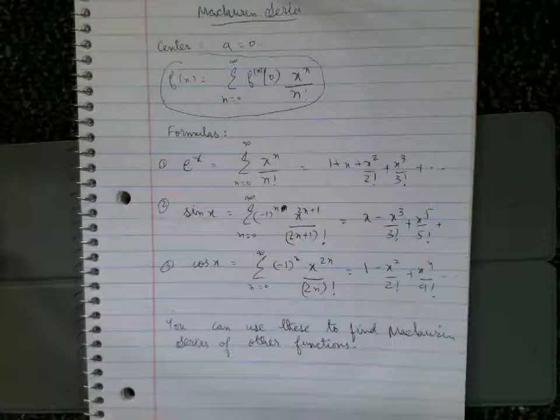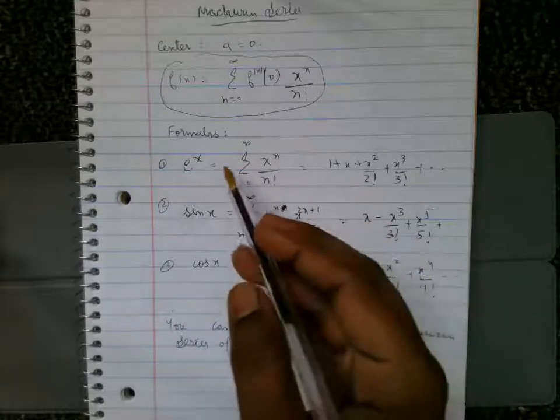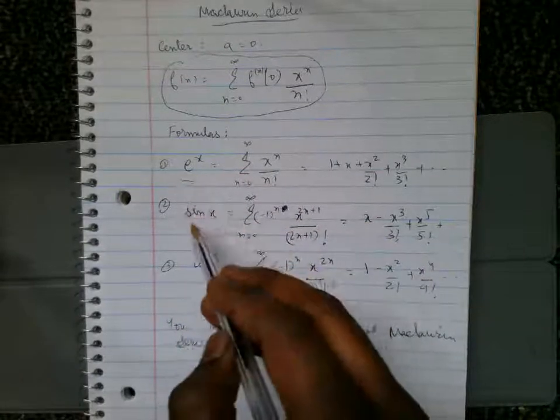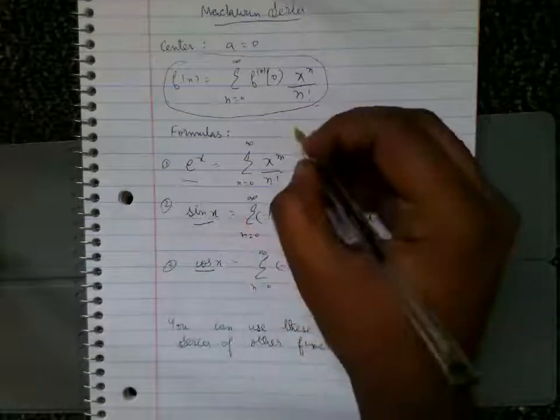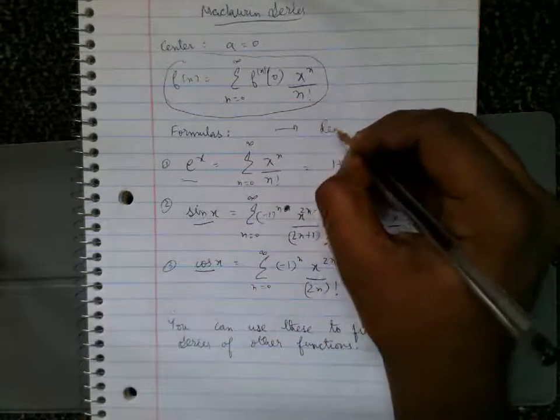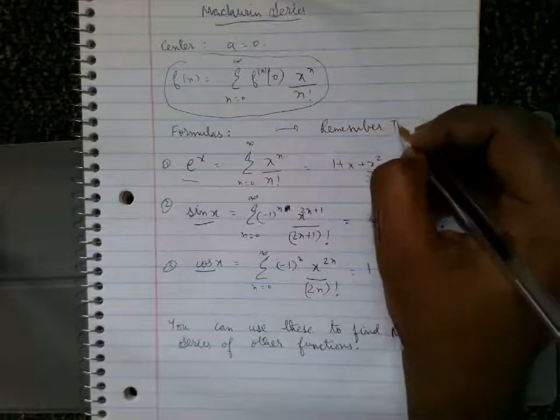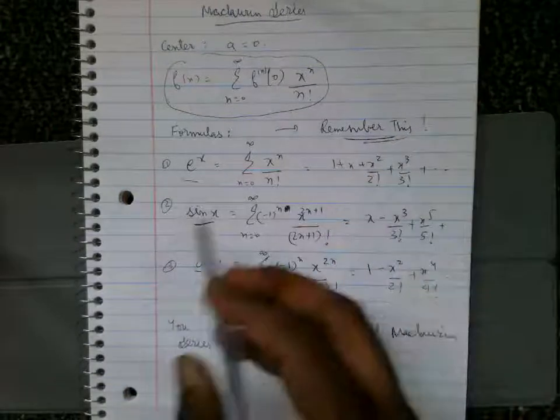And so the common Maclaurin series for e to the power x, sin x and cos x, you have to remember these because these are pretty standard and very helpful.